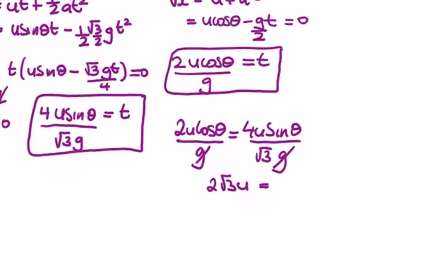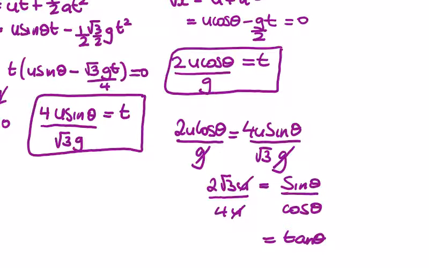I should have cancelled the u's as well, one or two steps if you want. So sine over cos is tan. Tan theta is equal to root 3 over 2.